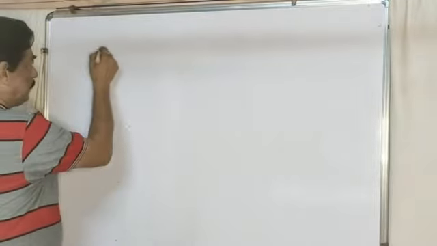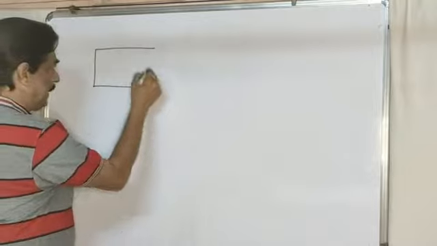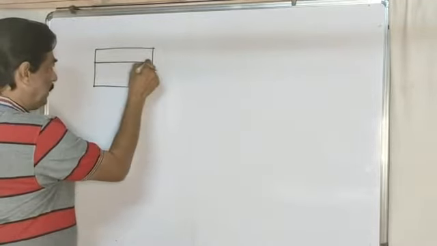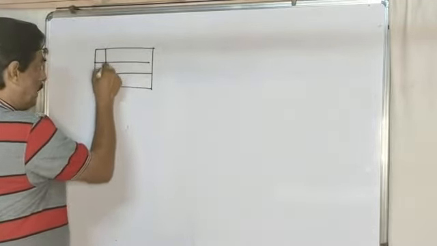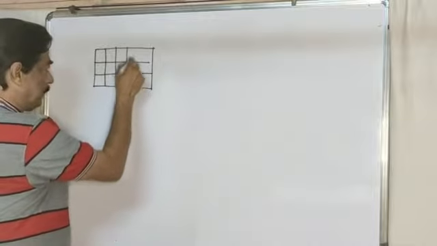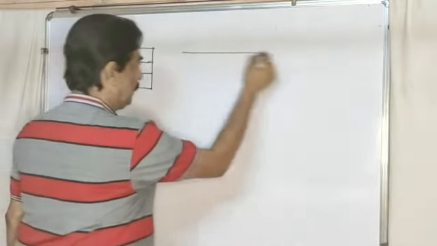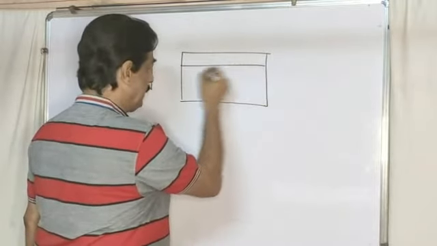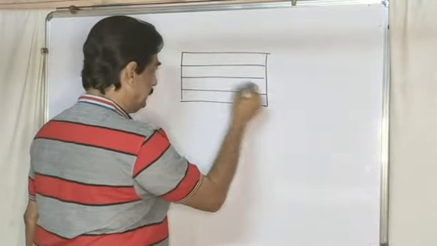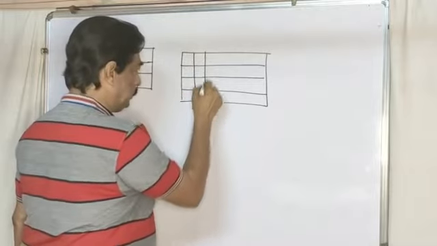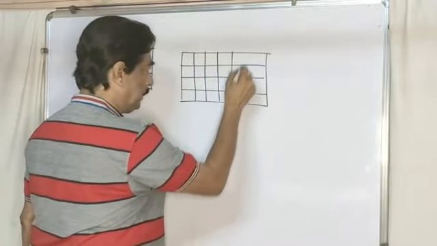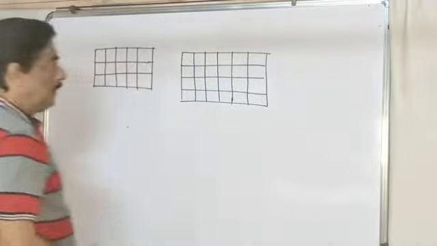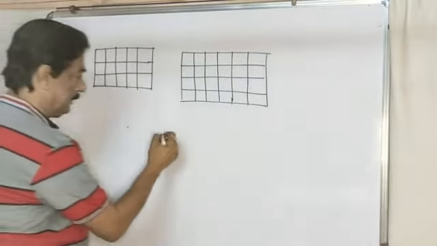They are showing this figure first. Rectangle. 1, 2, 1, 2, 3 and 4. 1, then 2, then 3, 1, 2, 3, 4 and 5. Now remember, they are giving this figure.